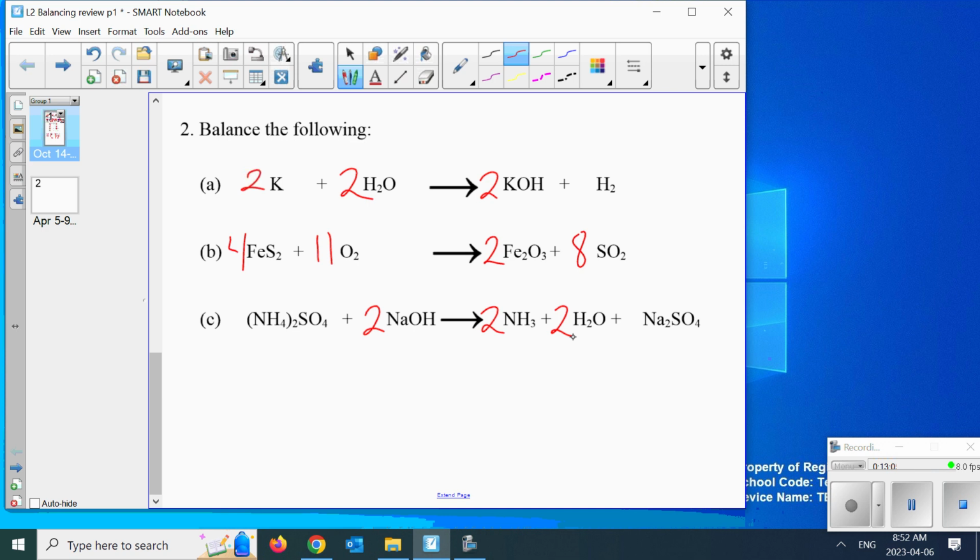Now it's time to count hydrogen. I think everything else is good, checked up on. Well, I've got 8 hydrogen plus 2, 10. Well, I got 3 times 2, so 6, and 2. Right?